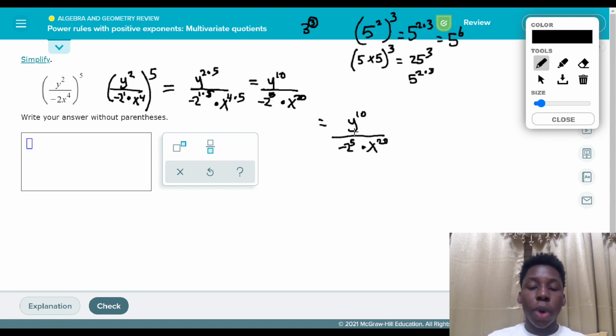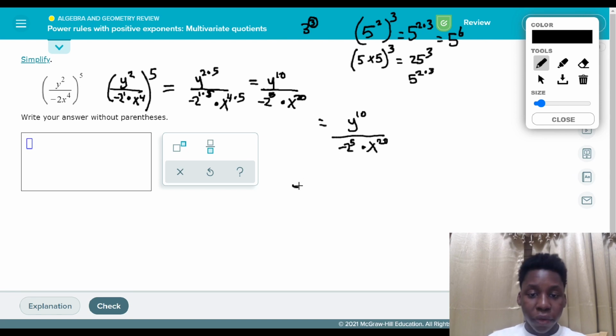The reason why we don't do it for y and x is because it still gives us the same thing. We don't know what y and x are, and if you multiply y times y times y times y, it's basically y to the power 10. The only thing we can do is work with minus 2, because this is a number attached. So this is minus 2 to the power 5.